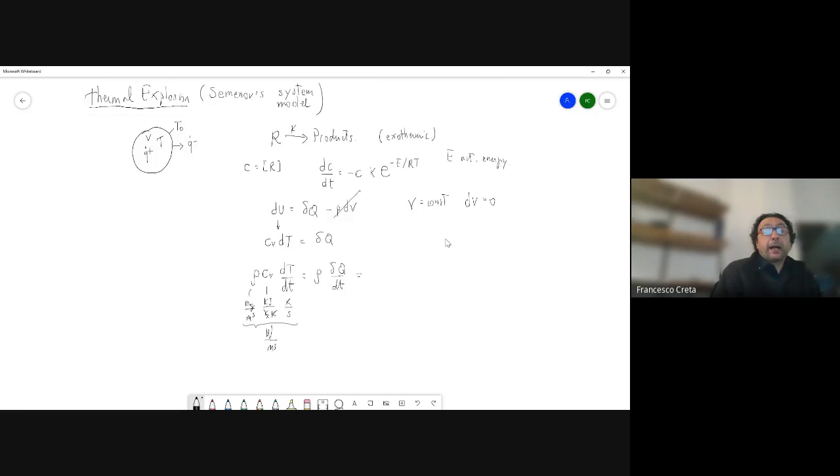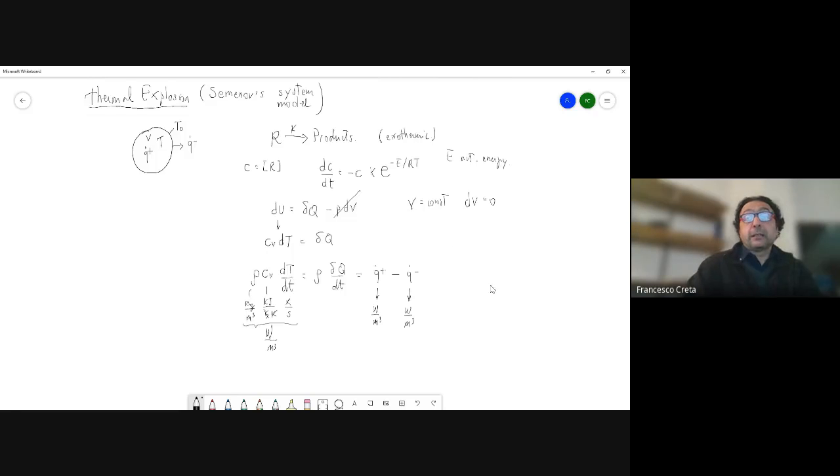So the right-hand side, rho dq by dt, we can write exactly as we had anticipated, as the difference between a positive and a negative input, where all of these inputs are measured in watts per cubic meter.